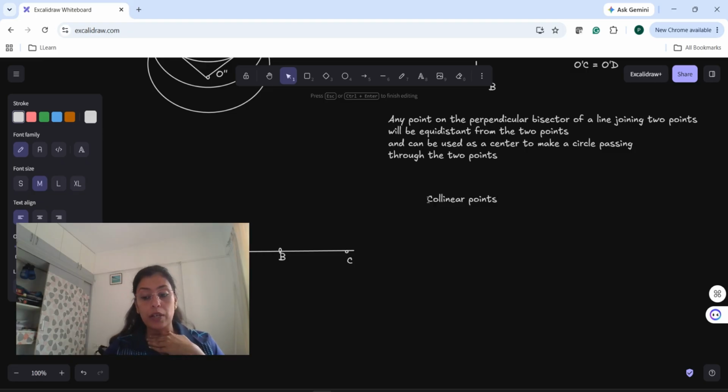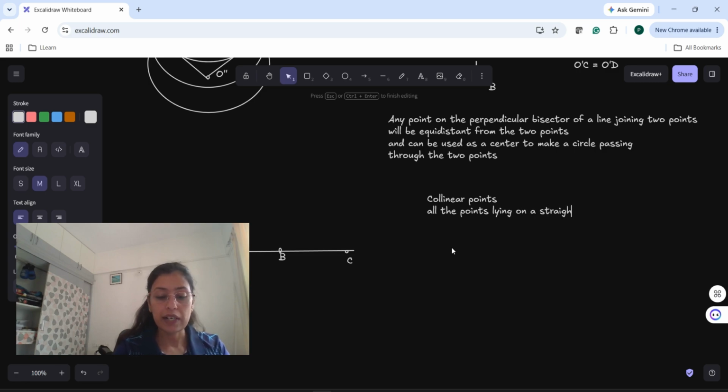What are collinear points? Do you remember? You would have learned about it earlier in your lower grades. So collinear points means all the points which are lying on a straight line.